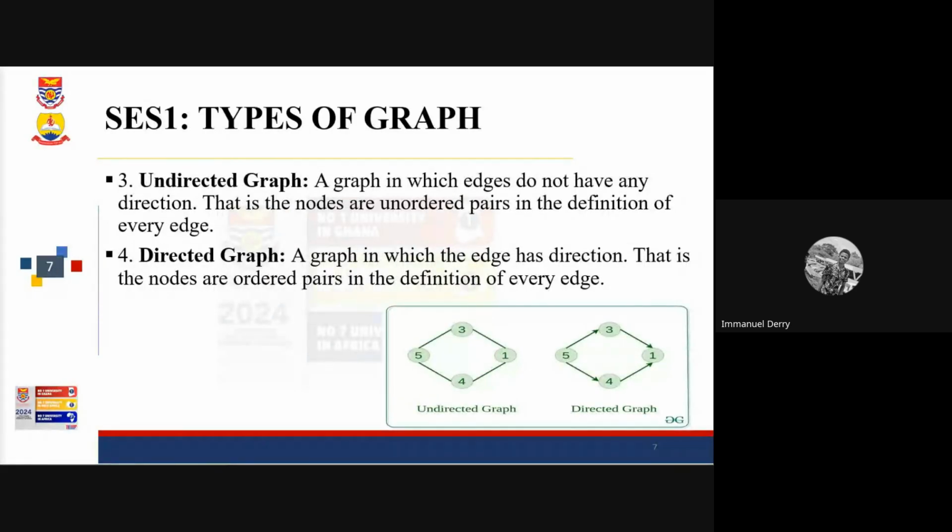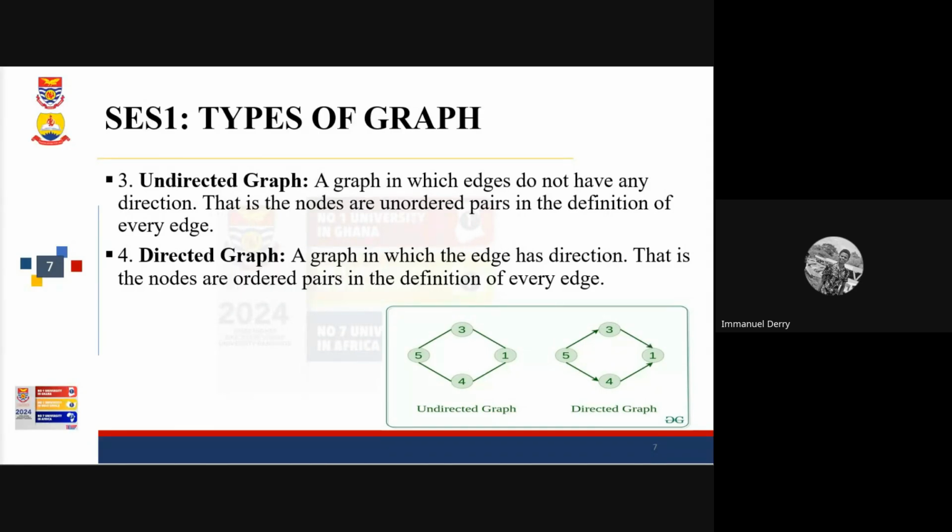And then we have also undirected graph and then directed graph. And in differentiating between the undirected and the directed graph, we mostly use arrows to indicate the flow of the direction.